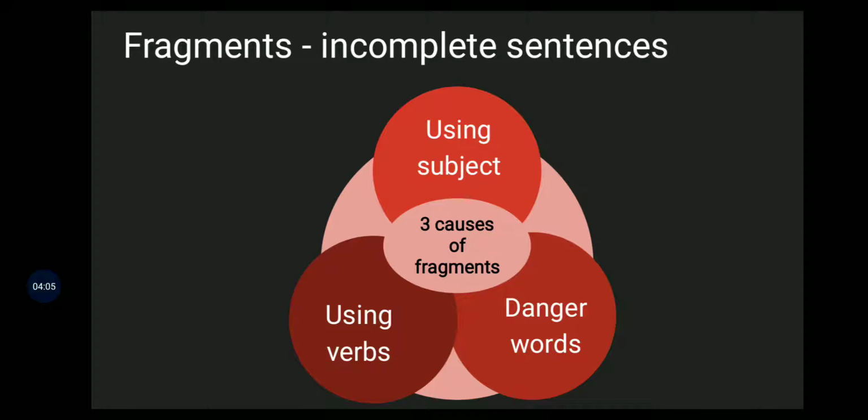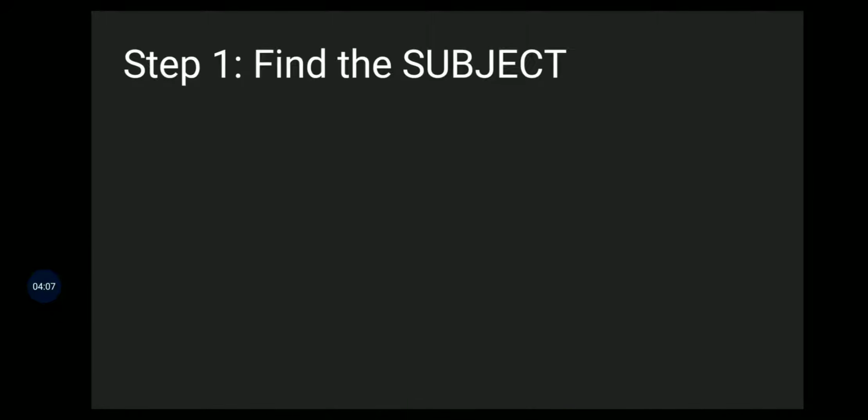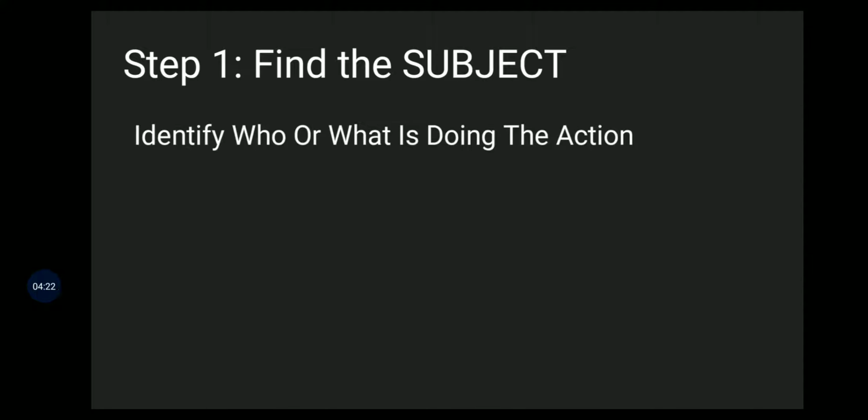So step number 1 to have a correct sentence is to find the subject. So the subject will be the noun or the pronoun that is involved in an action in the sentence. So it is always essential before you start writing a sentence that you identify who or what is doing the action.